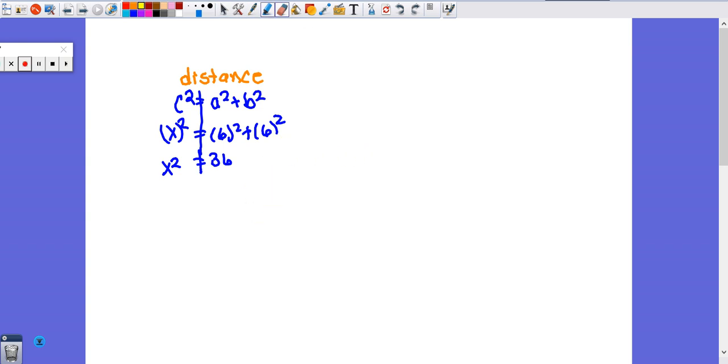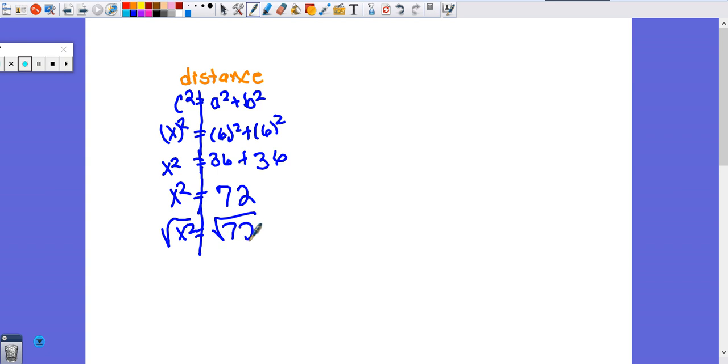So here's the math. 36 plus 36. You can use your calculator to add this together. You get 72. And we're going to take the square root of both sides. Square root of 72.